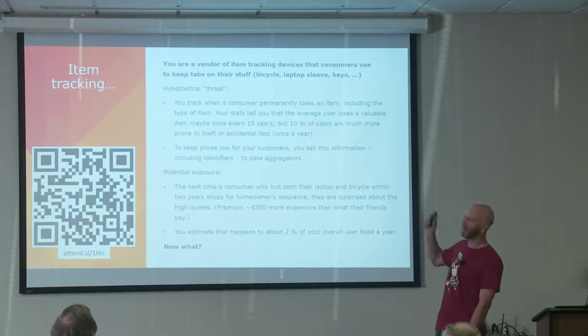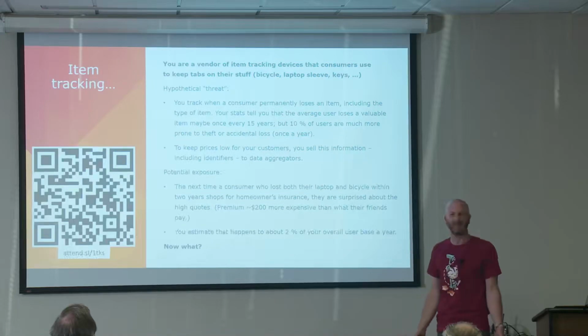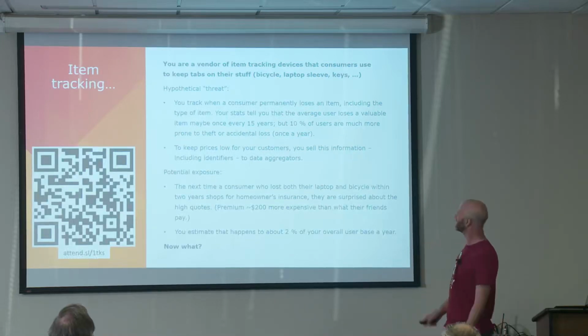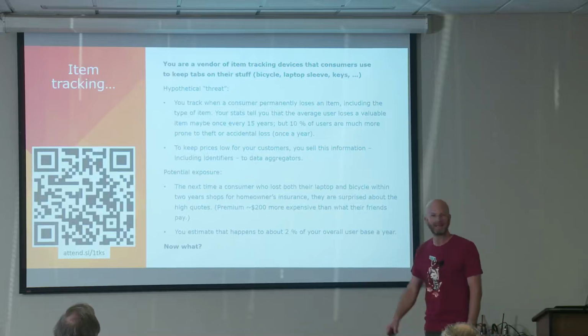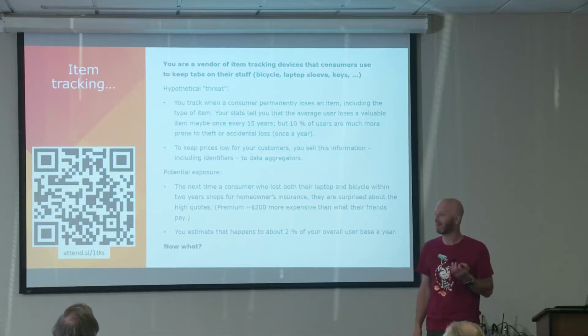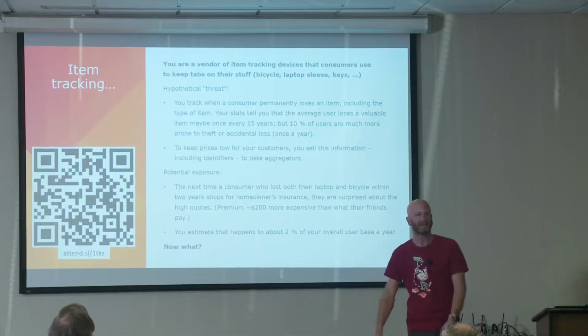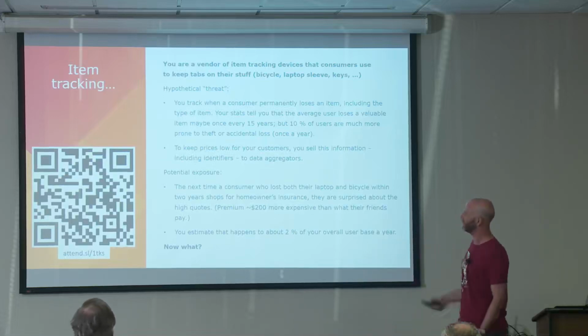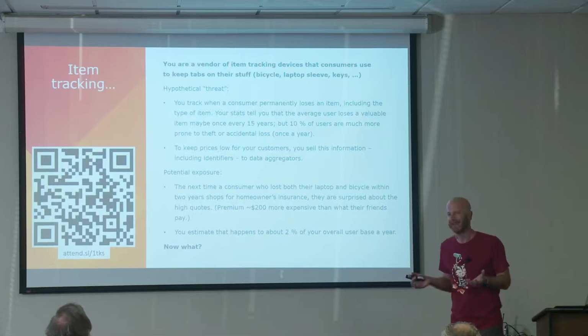And you see that on average, this happens to a person maybe every 15 years that they lose something valuable. But you also see that there's about 10% of your customers, and to them that happens pretty frequently. For whatever reason, they lose stuff left and right, or it gets stolen. So interesting to see that, right?